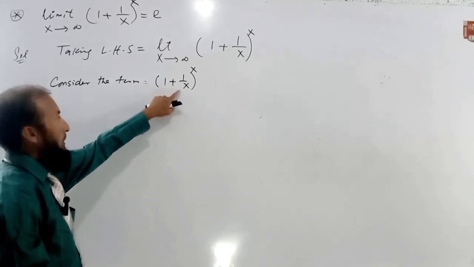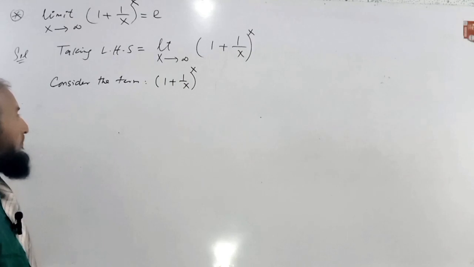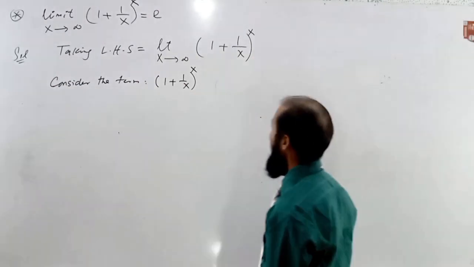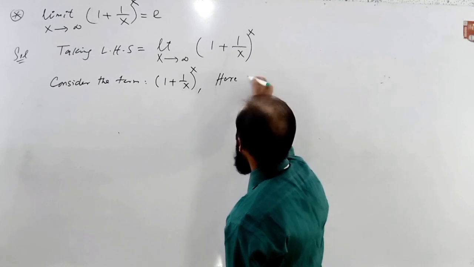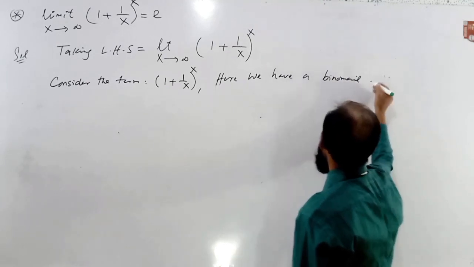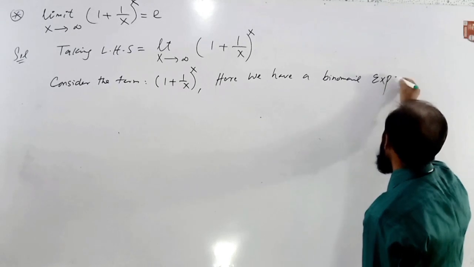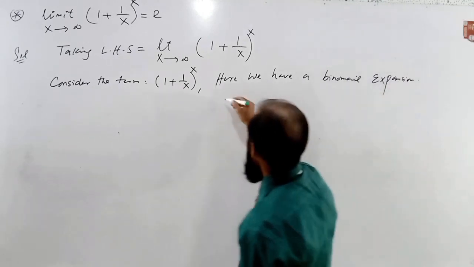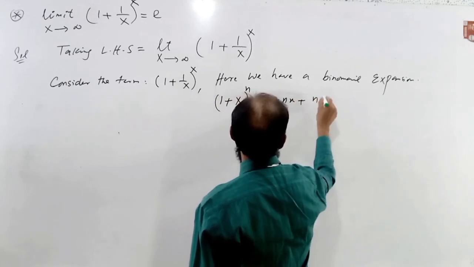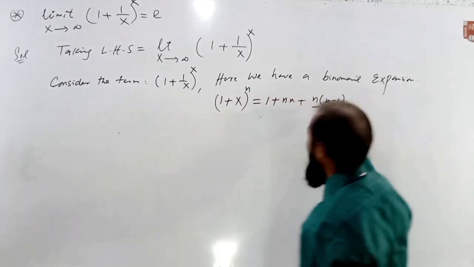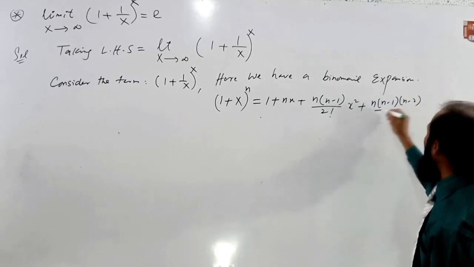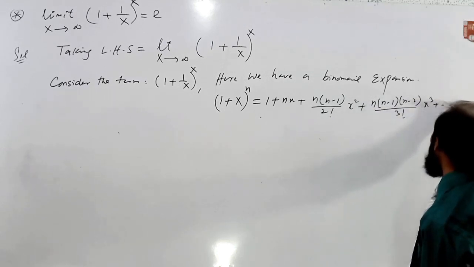Now look here, (1 plus 1 over x) whole power x. Here we use the binomial theorem, the binomial expansion: (1 plus x) whole power n is equal to 1 plus nx plus n into (n minus 1) divided by 2 factorial x square plus n into (n minus 1) into (n minus 2) divided by 3 factorial x cube, and so on.